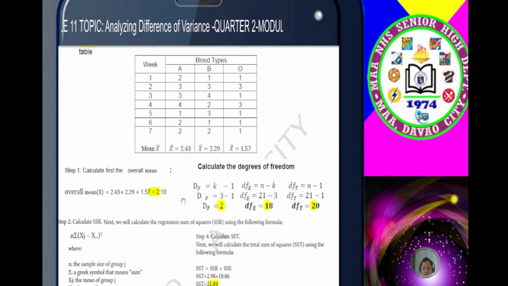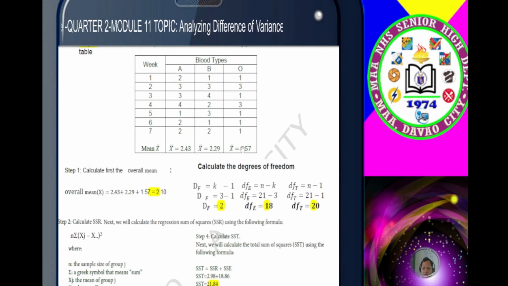Then we will compute the degrees of freedom. In the formulas, for the factor it is k minus 1, so 3 minus 1 because we have 3 groups, the 3 blood types, which is 2. For the error, the formula is n minus k. Our n here is 21 because we have 7 patients times 3 types of blood, so 21 patients in all.